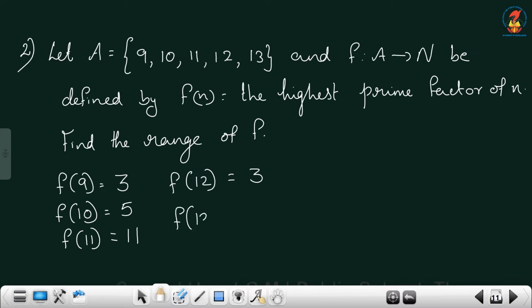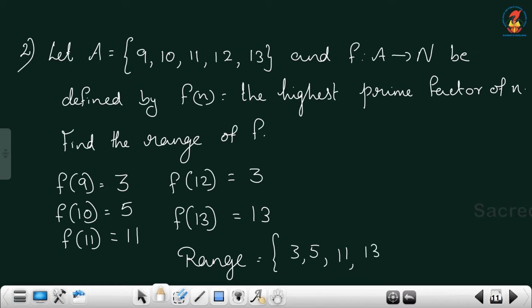Then f of 13. 13 is a prime number. The highest prime factor is 13 itself. Okay, then what is the range? Range means the set of y values, or the set of these answers. The answer part is known as range. So range is equal to 3, 5, 11, then 3 once again, then 13. So this is the range.